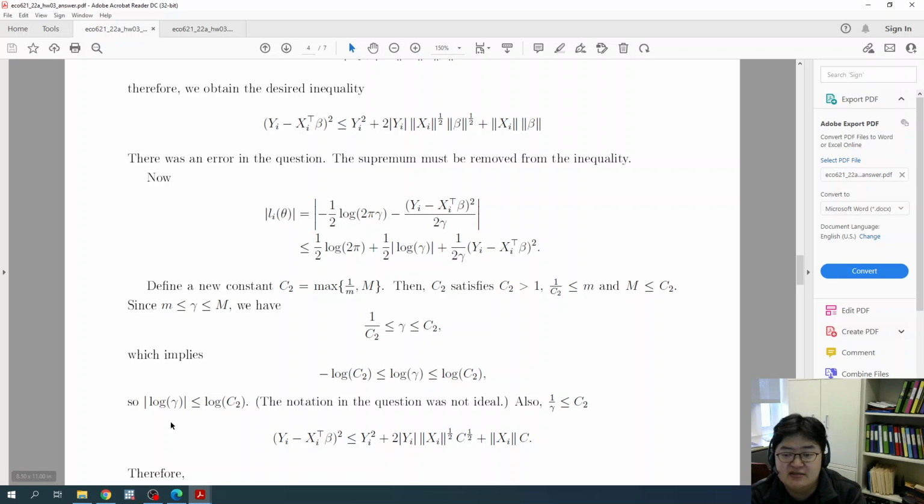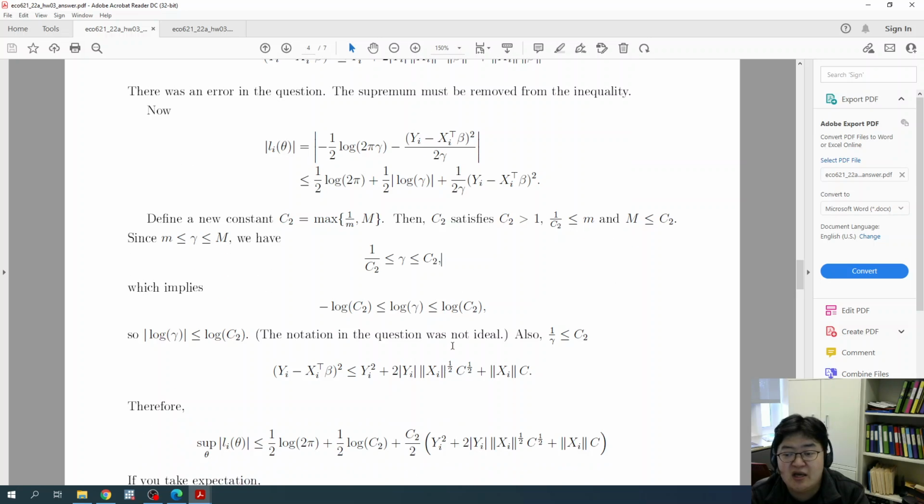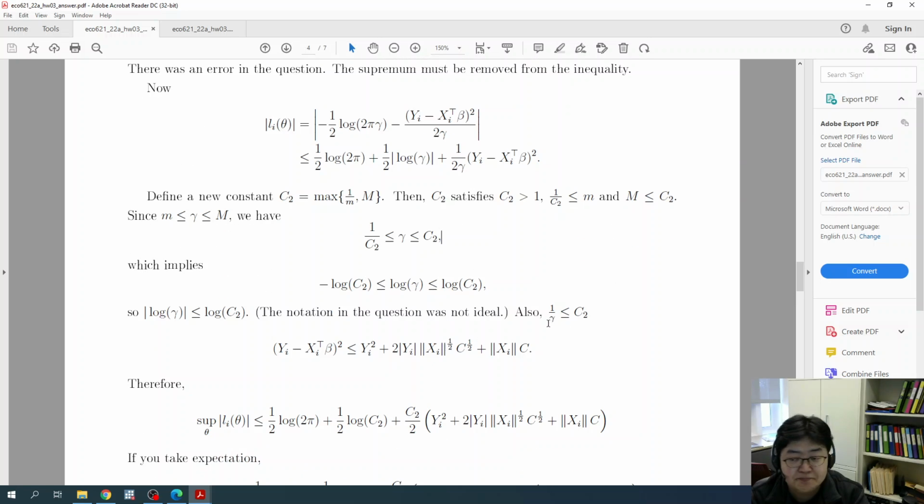So we have this. This is why I wanted to have this. The notation in the question was not good because this is a more convenient way to denote the bounds. And also we can bound 1 over gamma by C.